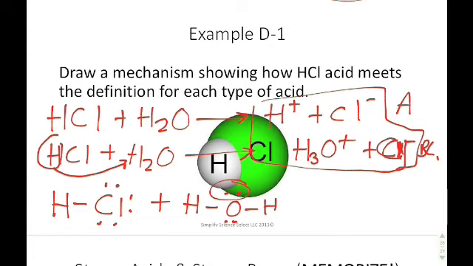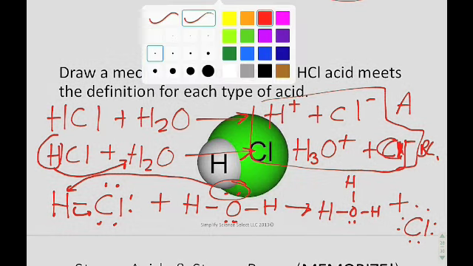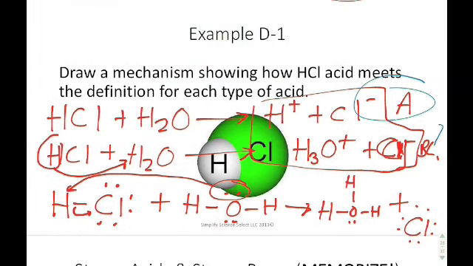So these electrons come over here, and it knocks these electrons to the chlorine, and what we're left with is HOH and Cl. There you go. So we've met all the definitions. We have our Arrhenius, then we have our Bronsted-Lowry, and we have our Lewis. So if you look, they're all basically the same structure. It's just a different way of interpreting them.